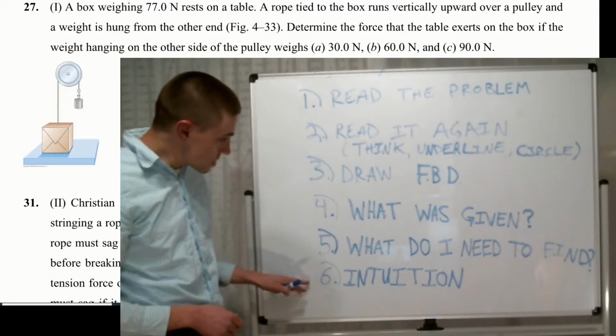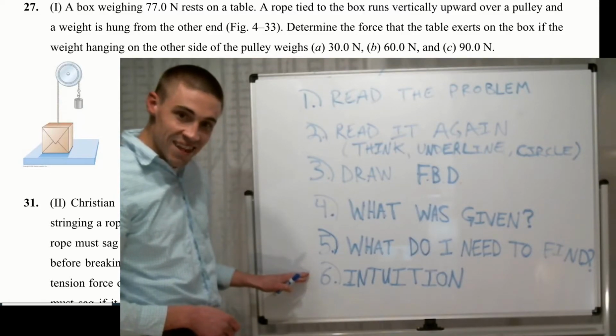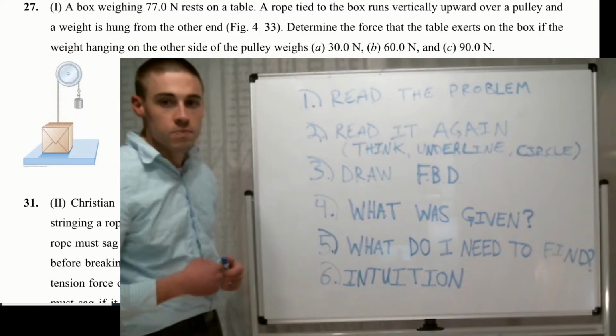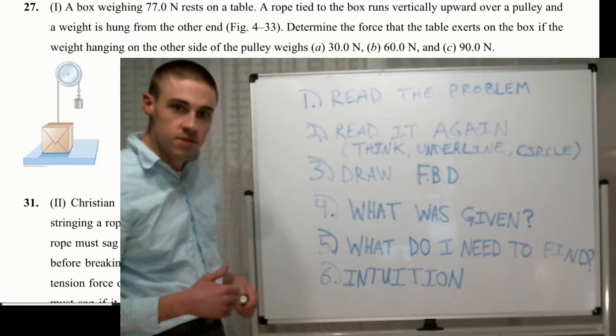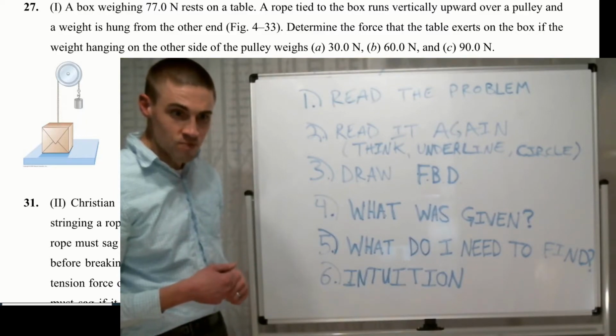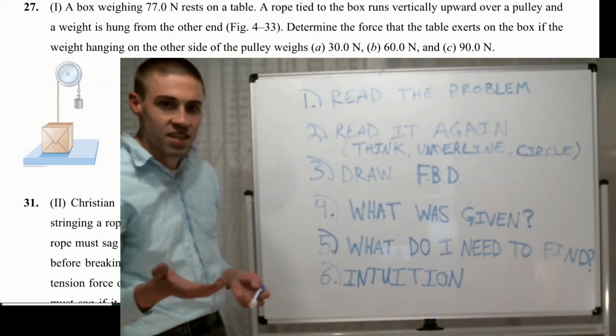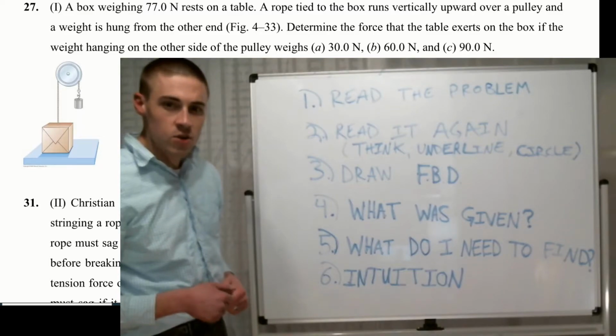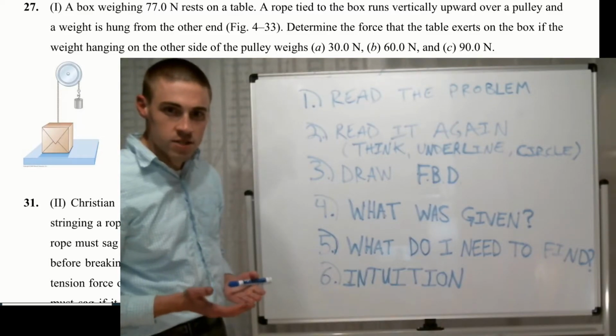And then step 6, use your intuition. Think about what you know. A lot of these problems, like this one, have things in them that you've seen before, or at least you have an intuition for how they work.